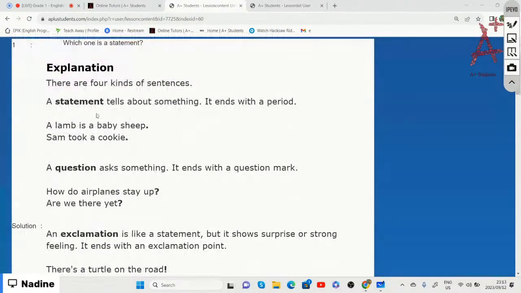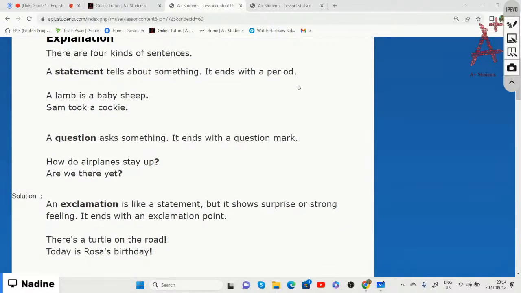All right, so we see that the statement tells us about something and it ends with a period. There we have the sentence, a lamb is a baby sheep. It is basically just telling us about something. Or Sam took a cookie. It is telling us about something.